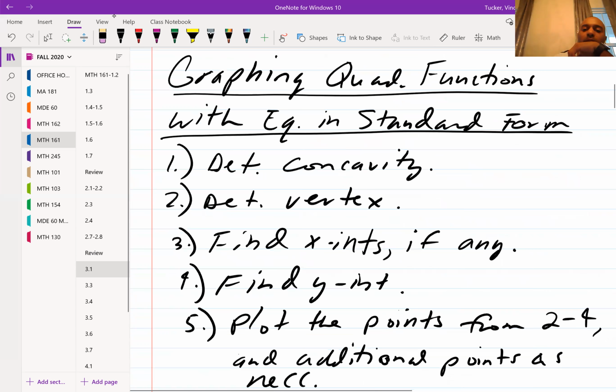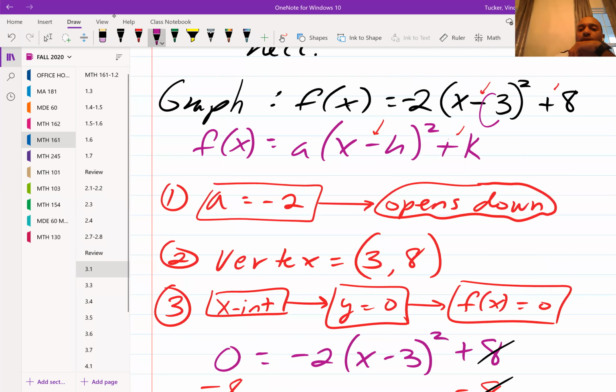Going back here, that's what we did. We had -3, so we used +3, and then 8 was positive, so we used the positive.